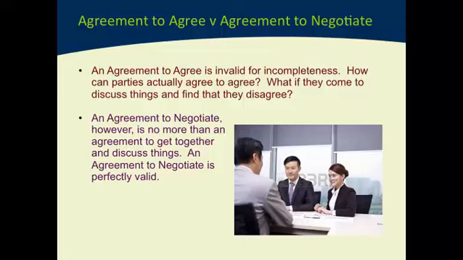Anything that is premised on the parties coming to an agreement is going to be invalid, because history shows us that even the best of parties quite often fail to come to an agreement when the chips are down. So you can't agree to agree. You can, however, agree to negotiate. Because an agreement to negotiate doesn't put either party under an obligation to come to an agreement. It just puts the parties under an obligation to come to the table and have the discussion.